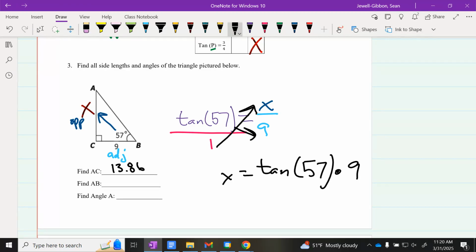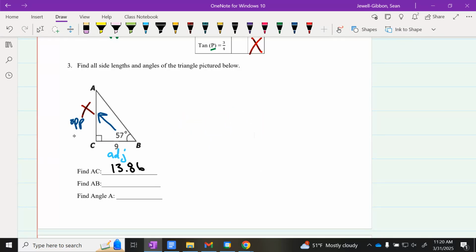Alright, so I'm going to go ahead and get rid of some of this here. I'm going to go again, so this time I'm going to find side AB. Okay, so looking for side AB here. If I know that this is 13.86, I can actually use Pythagorean theorem to solve this next one. I could also use trig, but this time I'm going to use Pythagorean theorem.